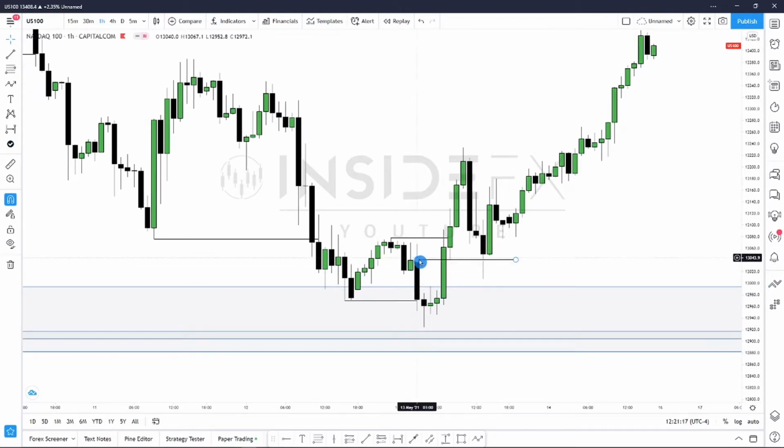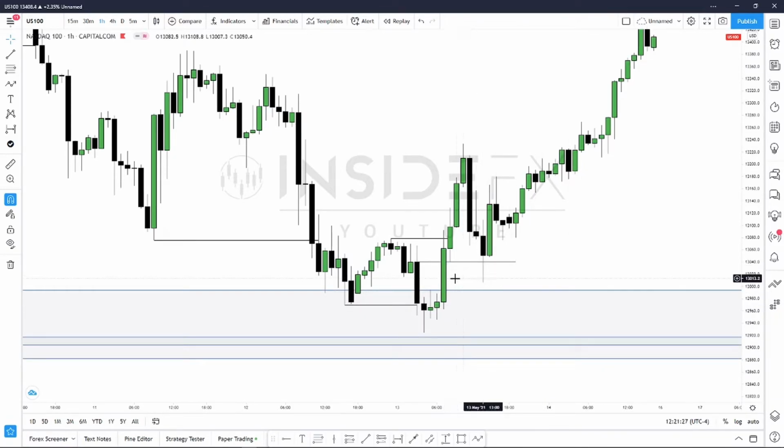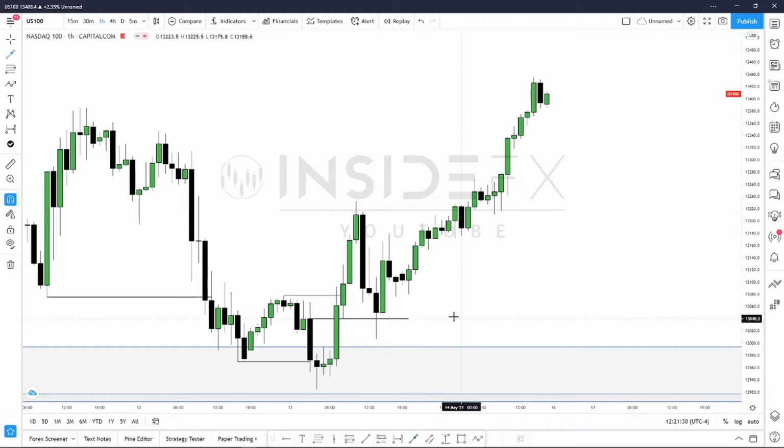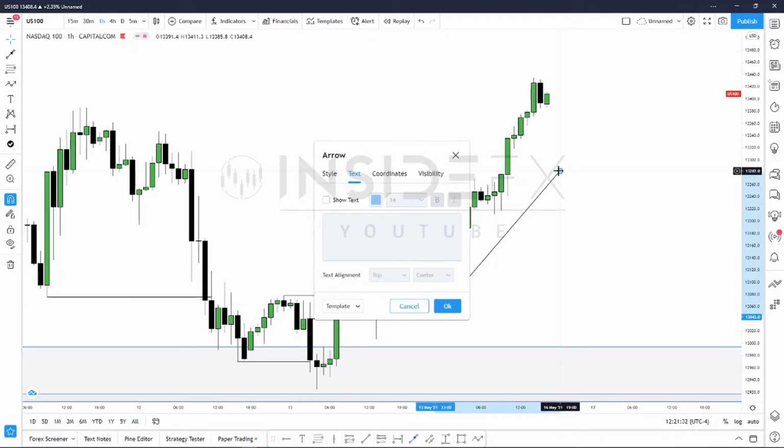All right, the last down candle before the up move, then price broke that structure, price returned again to capture some orders, and then price continued towards the upside.